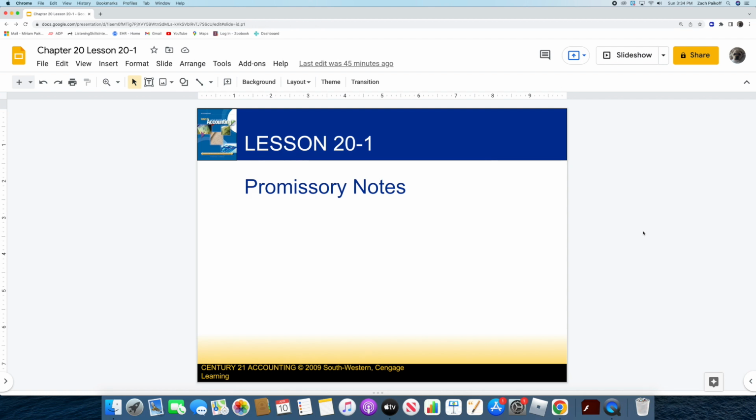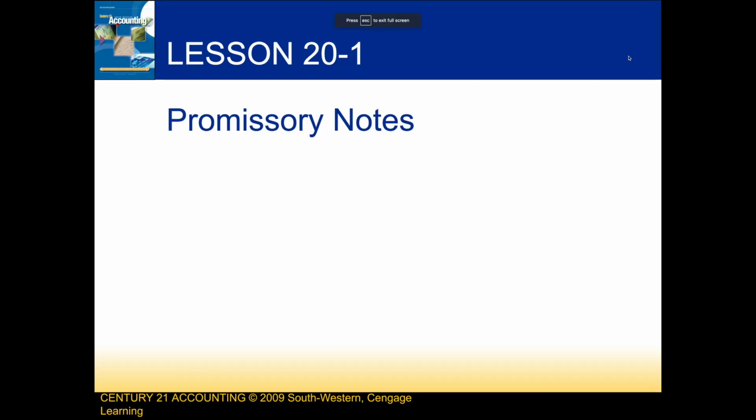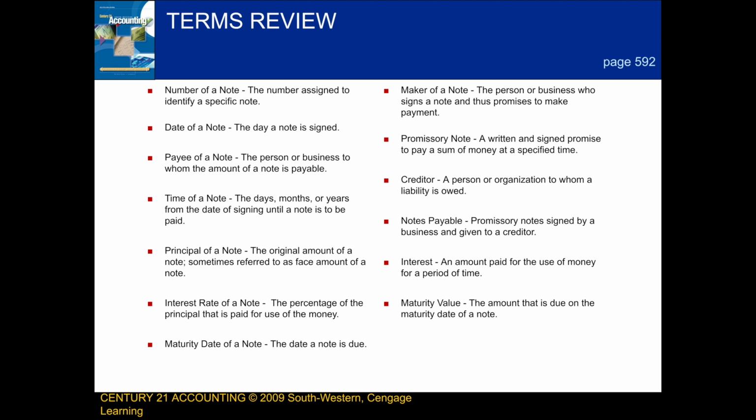Alrighty, so now we're going to be moving on to the 20-1 text, which is the first lesson in Chapter 20. And in this lesson, we will be learning about promissory notes. Okay, so there are a bunch of key terms that I'd like to go over before we start the accounting part of this lesson.